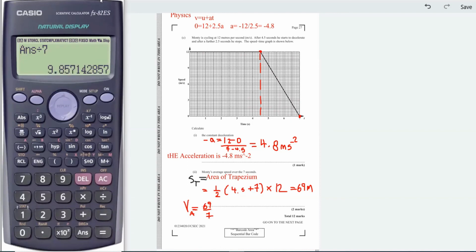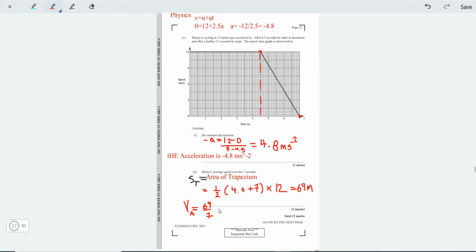So the average speed is 9.85 meters per second. His average speed is 9.85 meters per second. That's his average speed. All right, nice. Moving on.